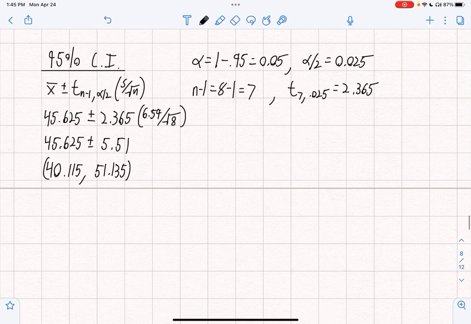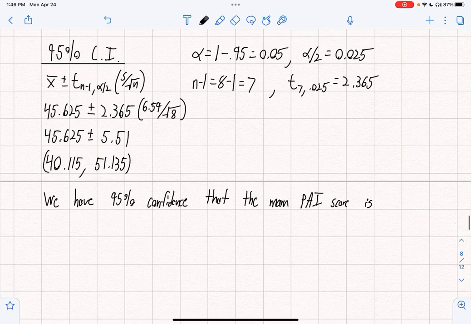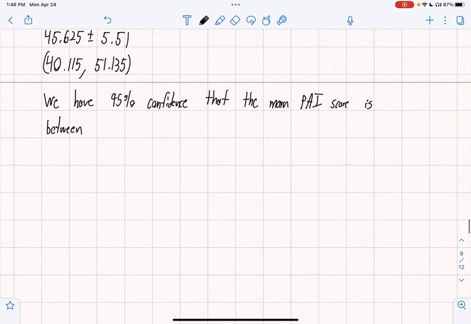So we have 95% confidence that the mean performance anxiety inventory score is between 40.115 and 51.135.